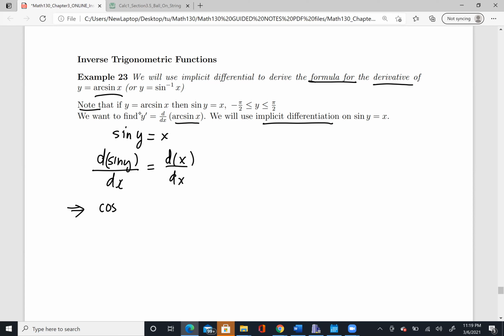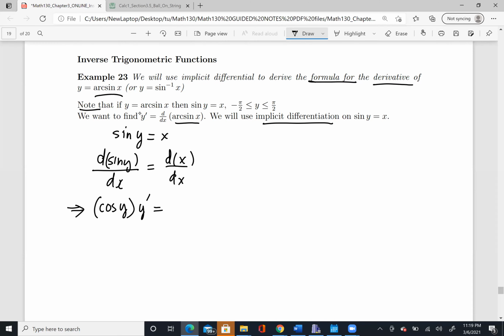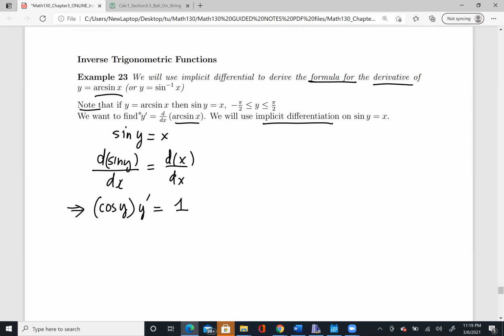So that's cosine of y, and then multiplied by the y derivative. And that is the left hand side. What about the right hand side? You have 1.